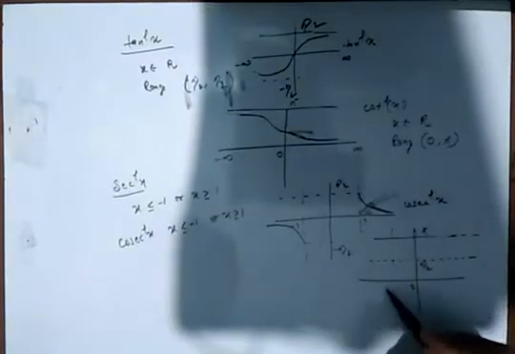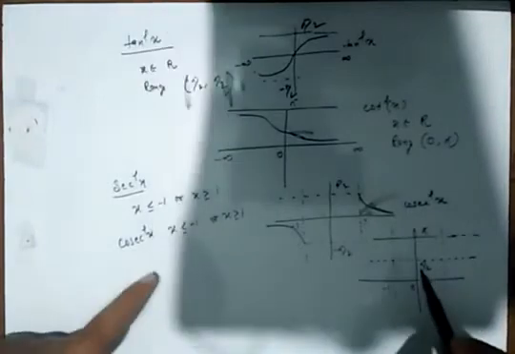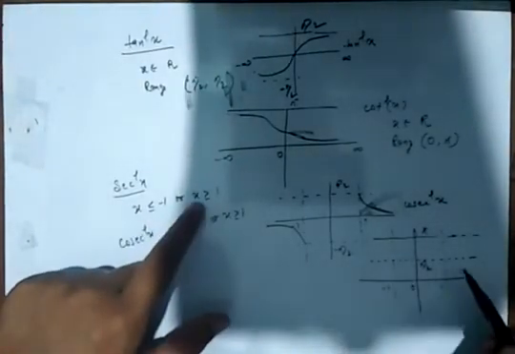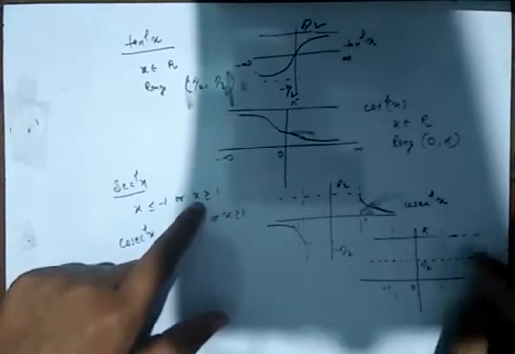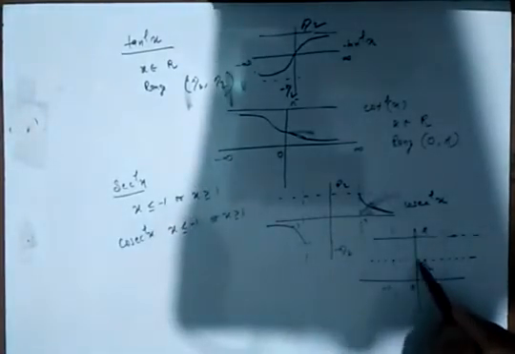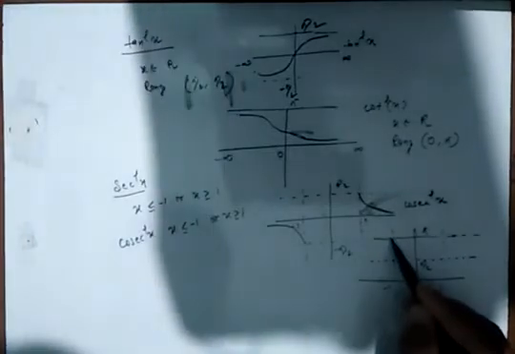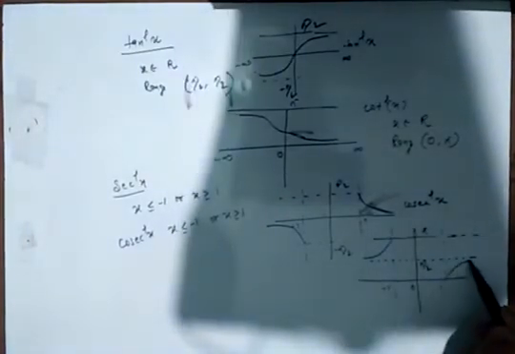Here this is minus 1 and this is 1, because sec inverse x is defined for x less than minus 1 and x greater than 1, so the function lies on this side and this side. Pi by 2 is not defined here.